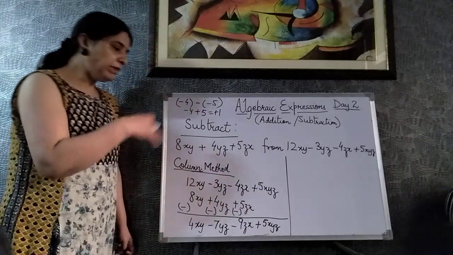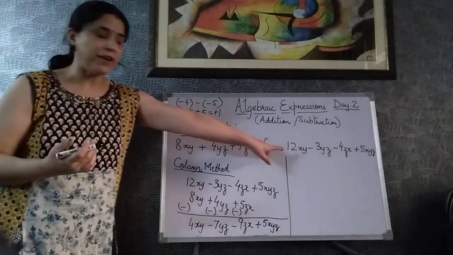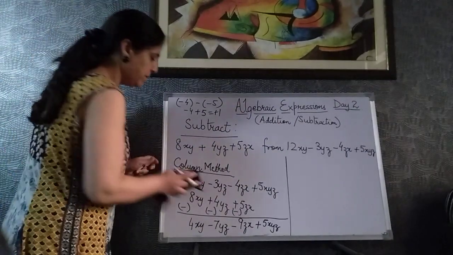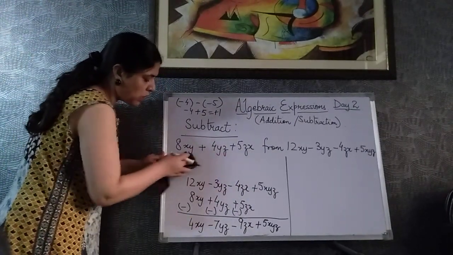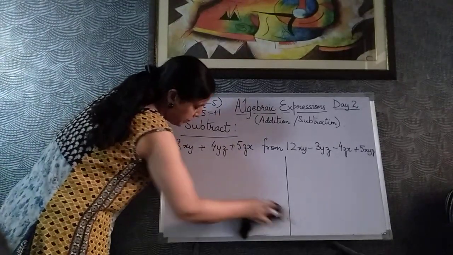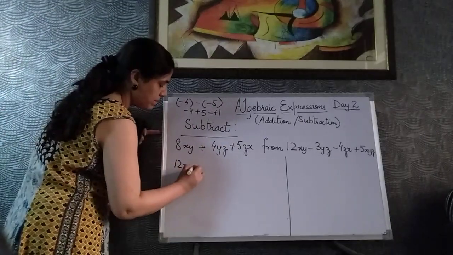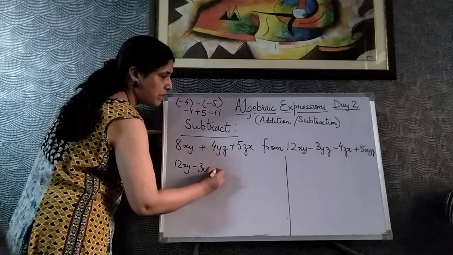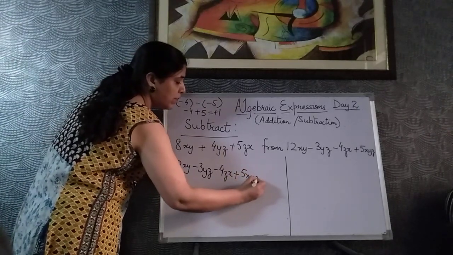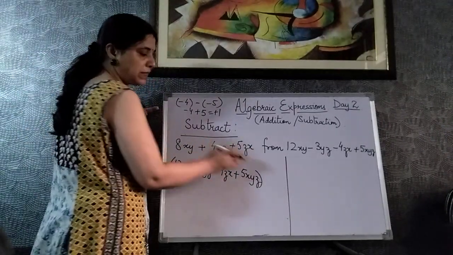Now same thing when we do it in a horizontal manner. How do we write? Which expression should we write first? Another method is horizontal method. In horizontal method, we write this expression first, children: 12xy minus 3yz minus 4zx plus 5xyz, because from this we have to subtract the other expression.